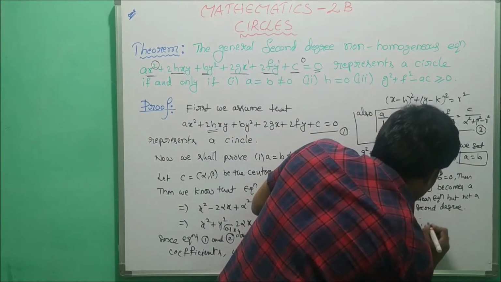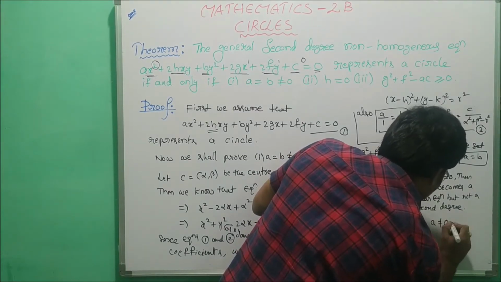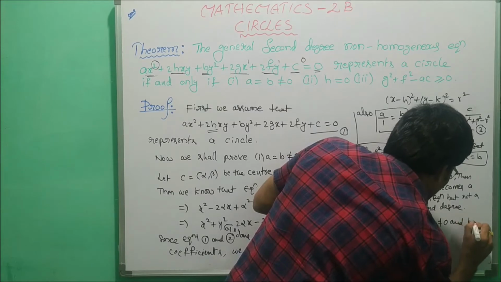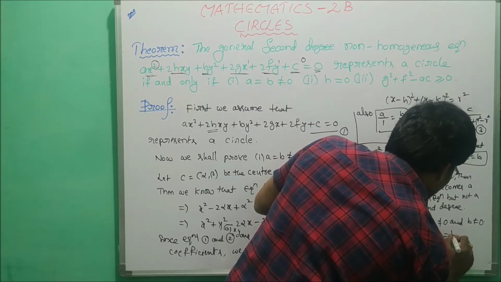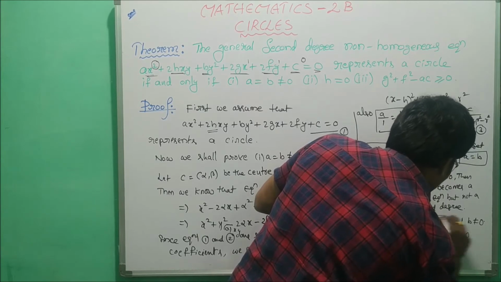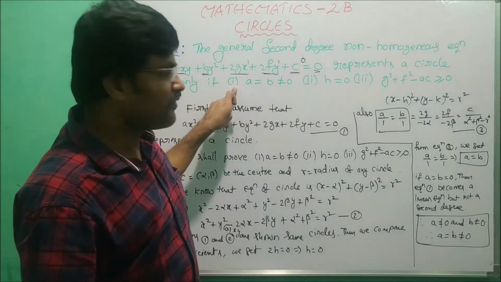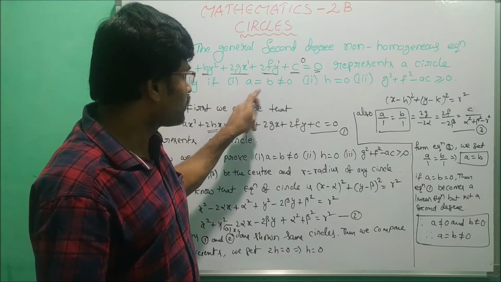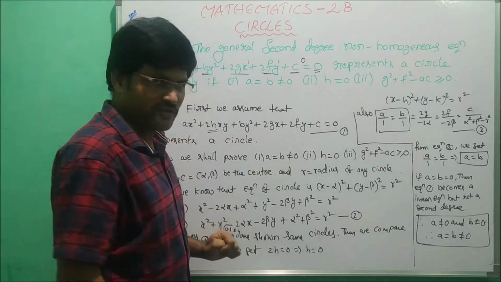Therefore, a is not equal to 0 and b is also not equal to 0. Therefore, here a equals b is not equal to 0. This is the condition for 1. So in the first condition, a equals b, both are non-zero, already proved. So these are two parts.